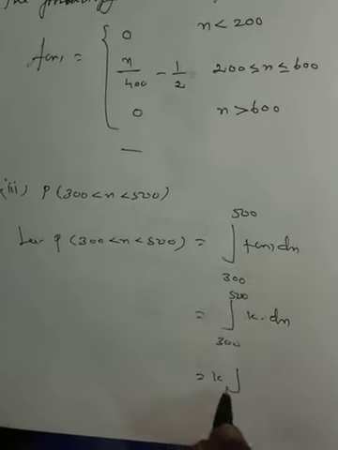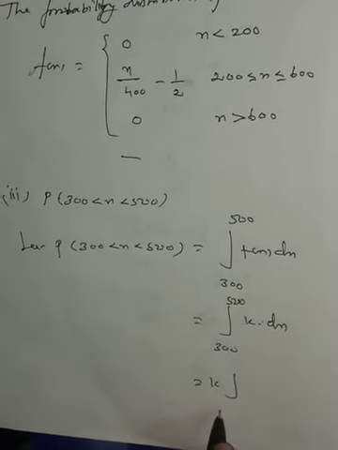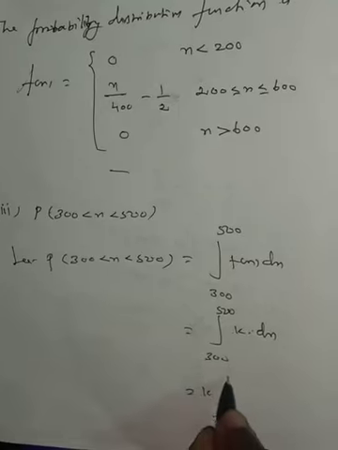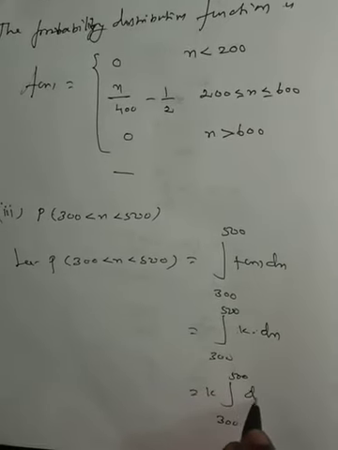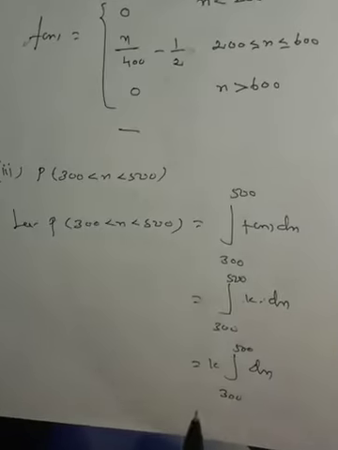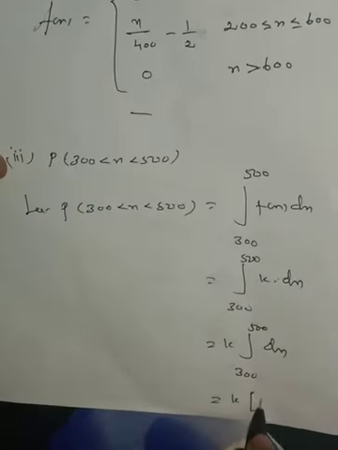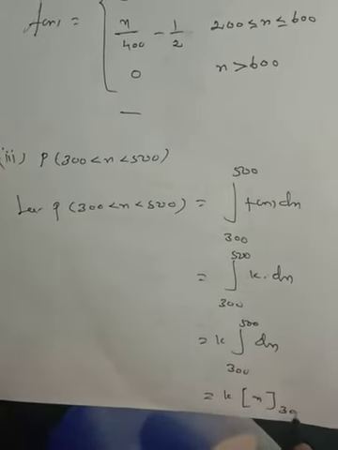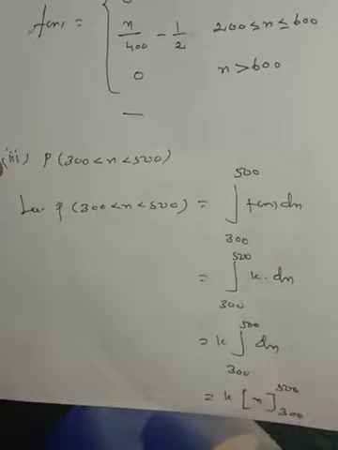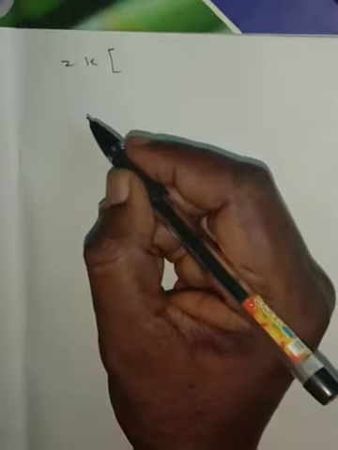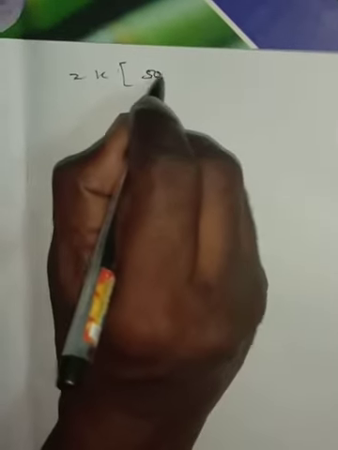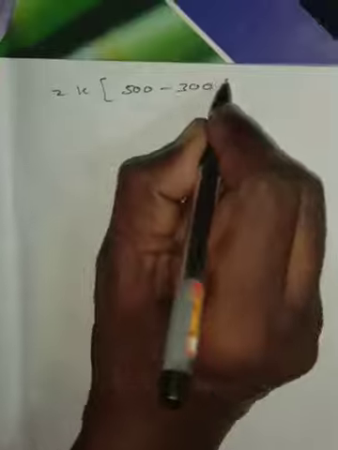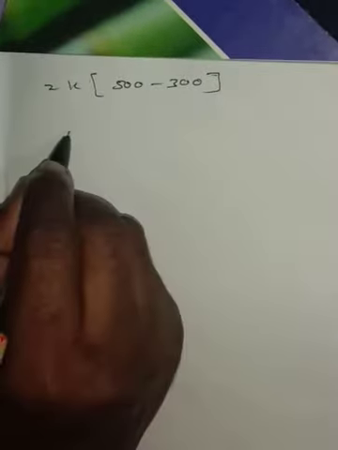K is outside the integral, so k into x taken over the limit 300 to 500, into 500 minus 300, which is 200.